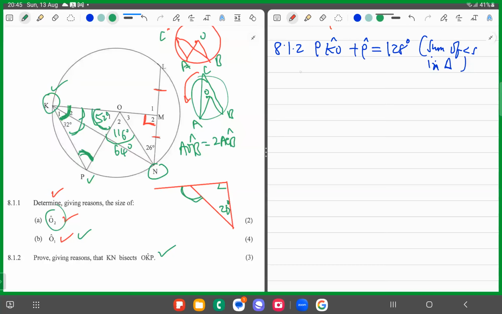Moreover, angle PKO must be equal to angle P. Angle PKO, this angle must be equal to angle P because of the fact that you have angles opposite equal sides.